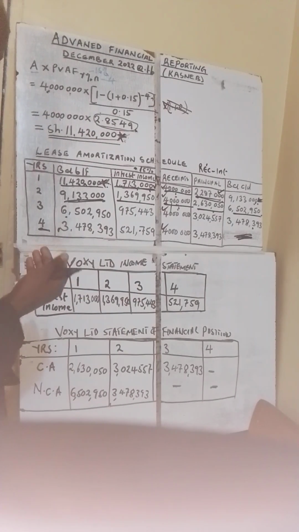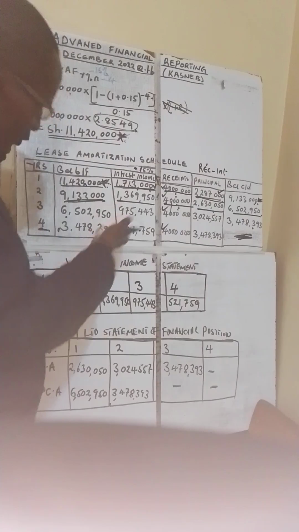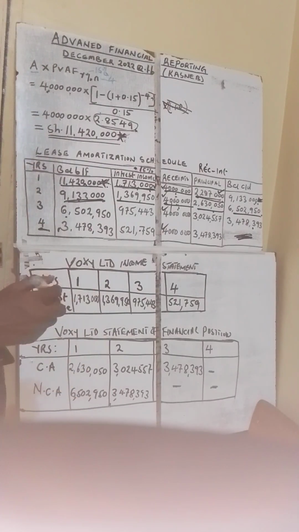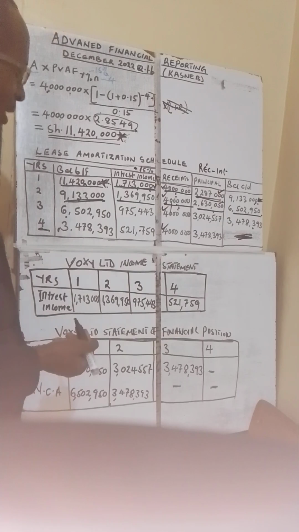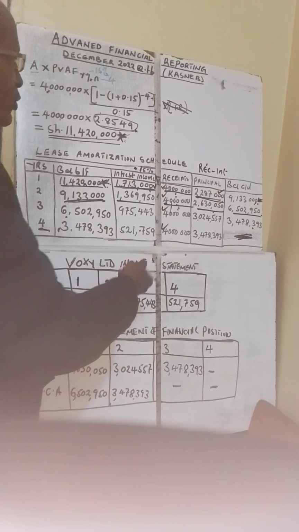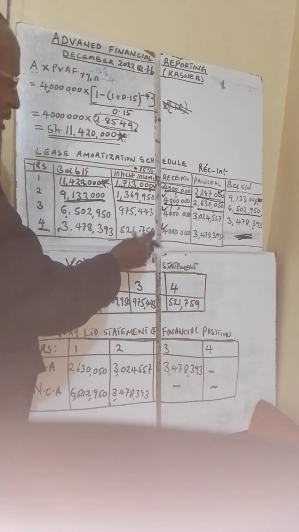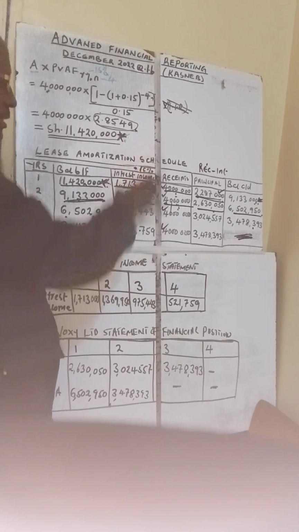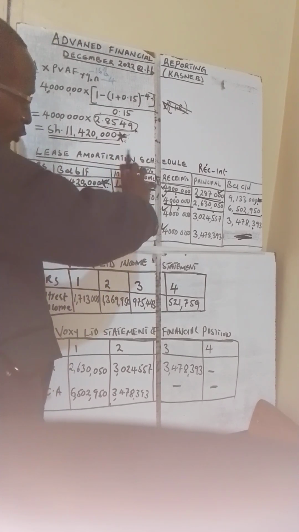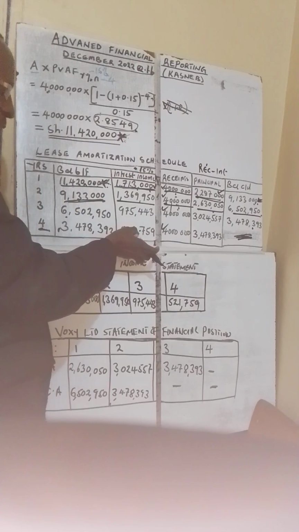In this case, we expect the owner of this asset to be receiving income in terms of interest. So this column for interest is what the lessor, the owner of the asset, is receiving. If you go to the lessee, this becomes an expense.